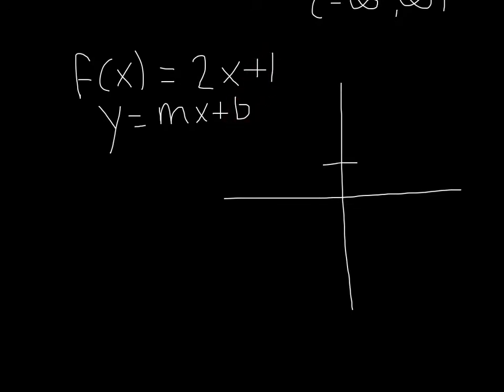So we'll go up 1 and put a dot. And 2 over 1 is the slope. So slope is rise 2, run 1.